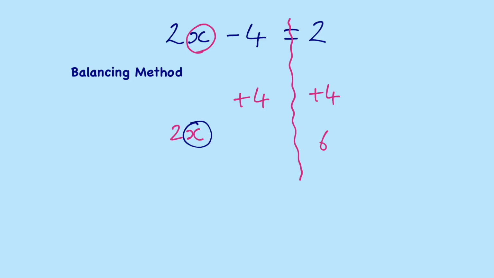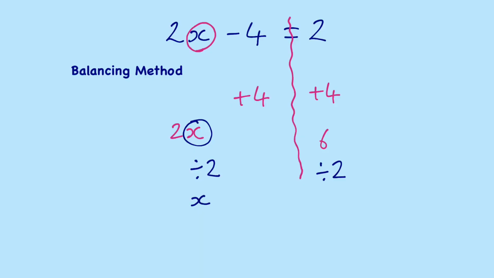So what I'm going to do next is divide by 2. And if I divide the left side by 2, I have to divide the right side by 2. So 2x divided by 2 leaves me with 1x, and 6 divided by 2 leaves me with 3.